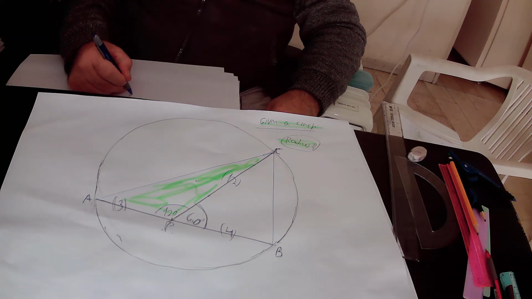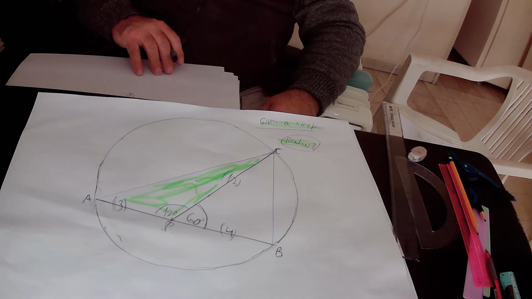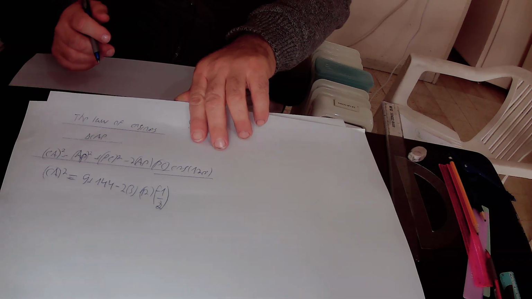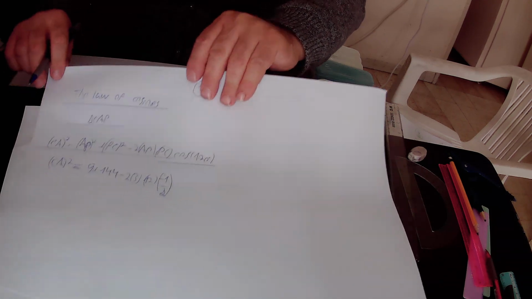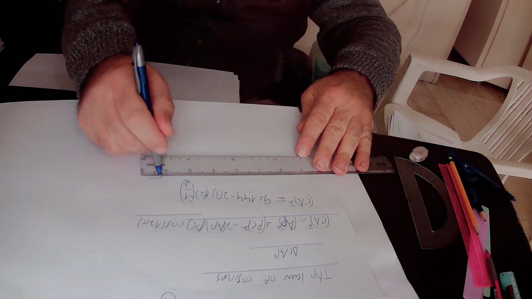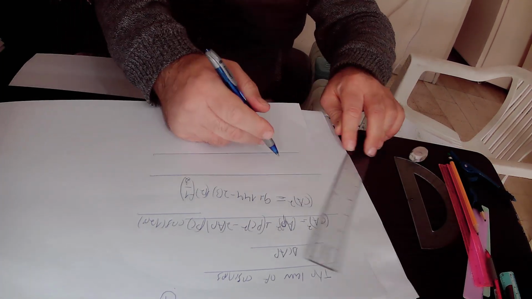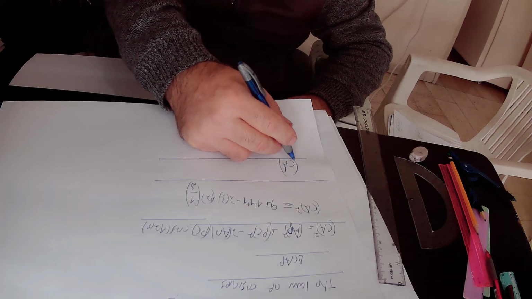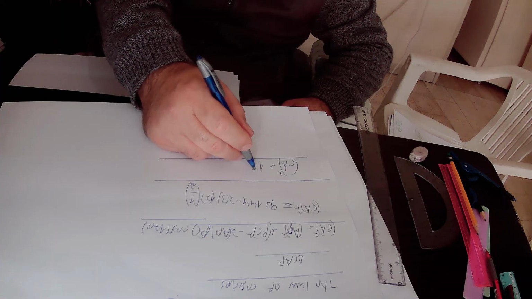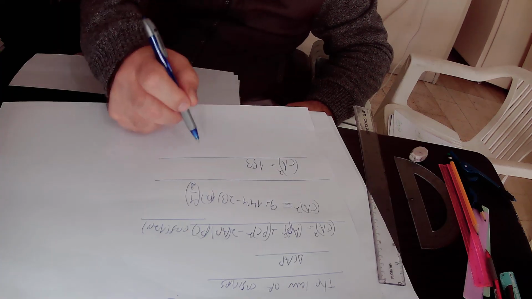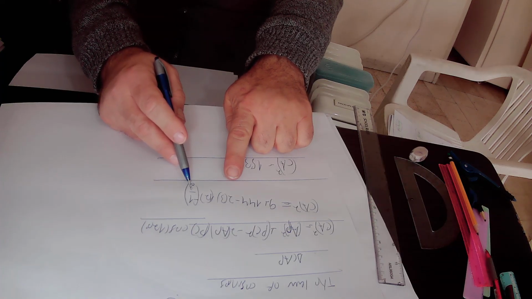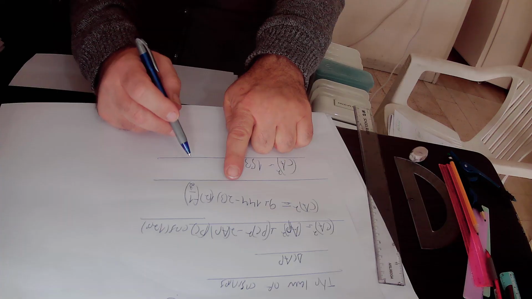So in total, CA squared equals 9 plus 144, which is 153. Here we have minus times minus, which is plus, so this expression is positive.